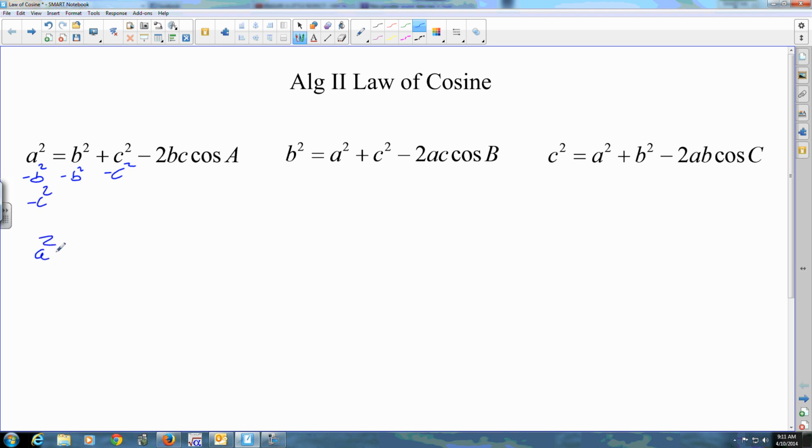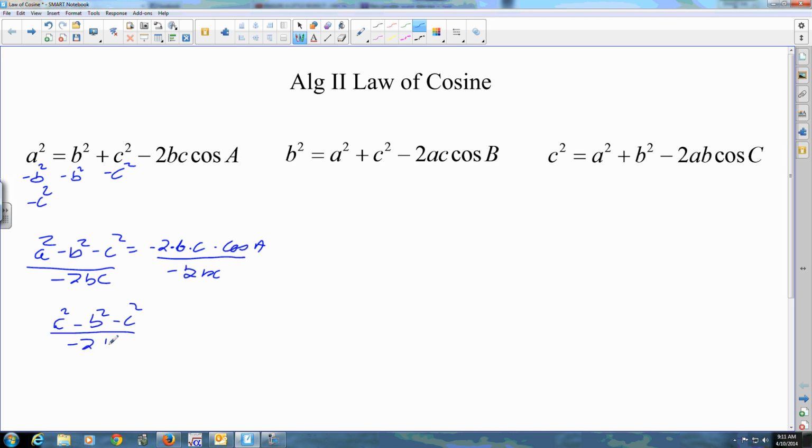So I'd have A squared minus B squared minus C squared equals negative 2 times B times C times the cosine of A. These three things are all held by multiplication to cosine of A, so you would divide them out. Negative 2BC, negative 2BC. So you've got A squared minus B squared minus C squared over negative 2BC equals cosine A.